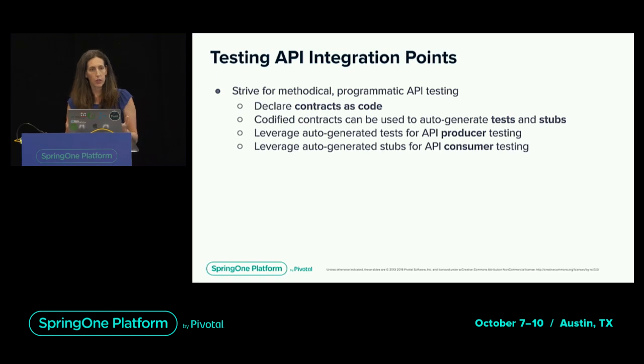You can also use those codified contracts to auto-generate stubs so that a consumer can be given a stub that is faithful to the contract that has been agreed upon. The more you do this, the more reliable, repeatable, and efficient it is, because rather than hand coding the tests or the stubs, they're automatically produced. There are certain tools that will help you get farther in this process. Spring Cloud Contract is a great example that can do all of this.